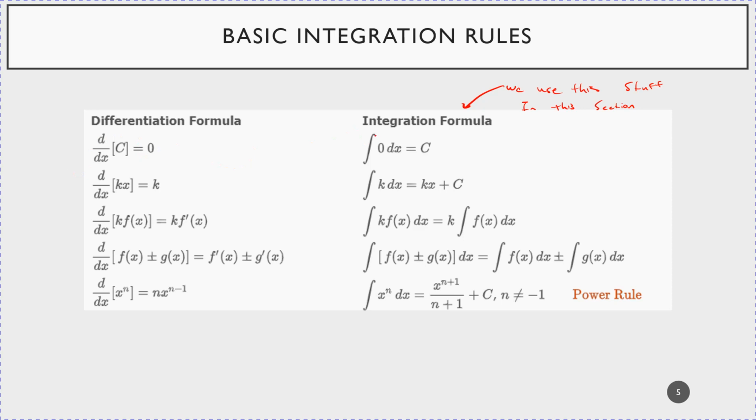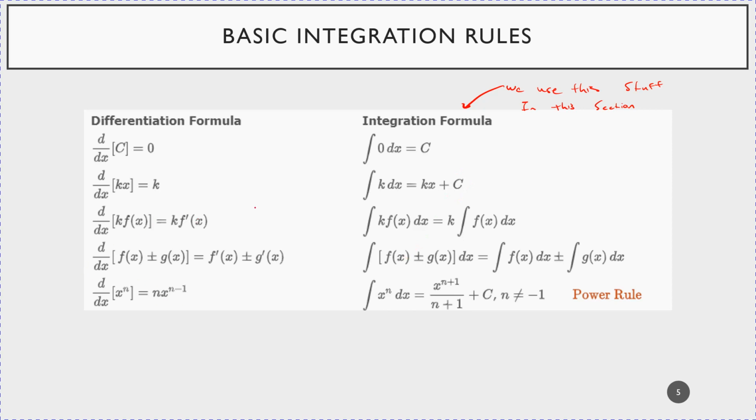What that means is the integral of 0 is equal to a constant. The derivative of k times x, where k is just some number, is just k. So when you integrate just a number k with respect to x, you get k times x plus your constant of integration.